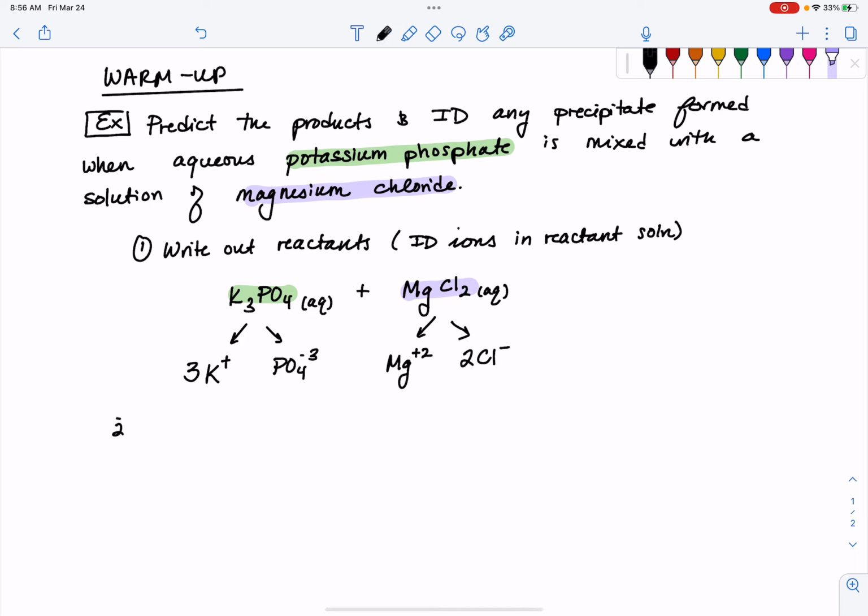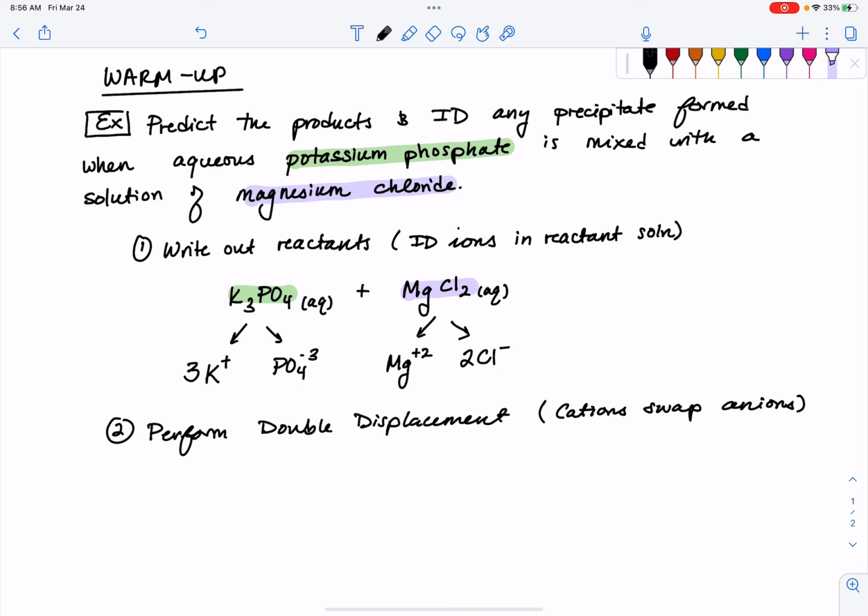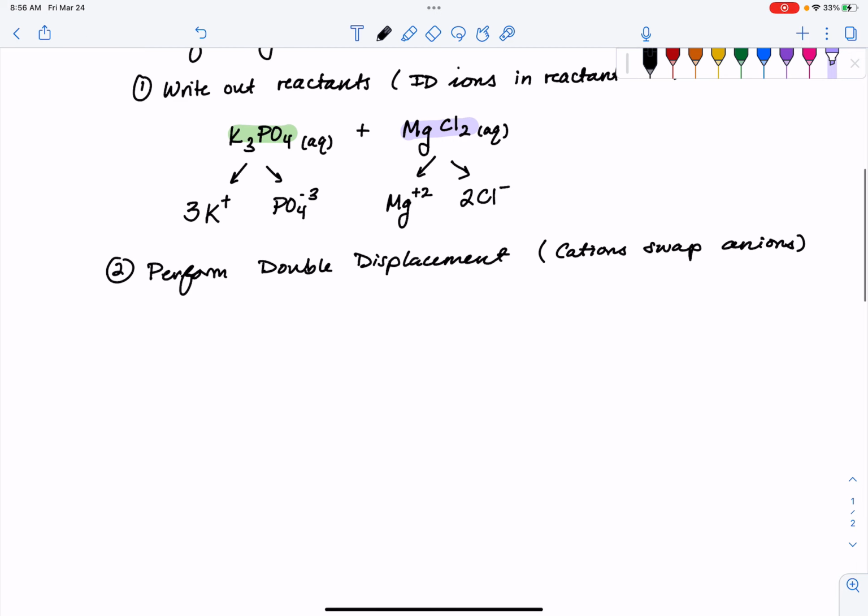So step 2, perform the double displacement. And I always like to think about double displacements in general, but in aqueous reactions as being our cations getting new anions or swapping anions with one another.